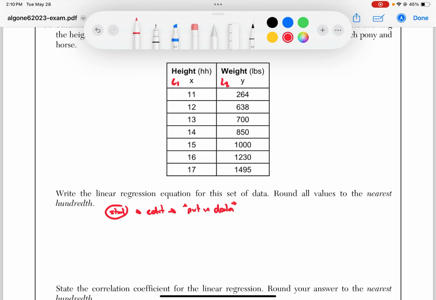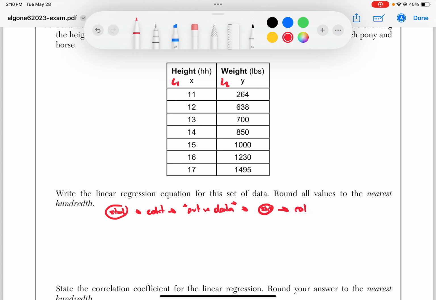11, 12, 13, 14, 15, 16, 17. 264, 638, 700, 850, 1,000, 1230, 1495. Then go back to stat.